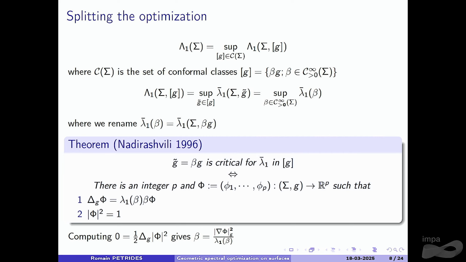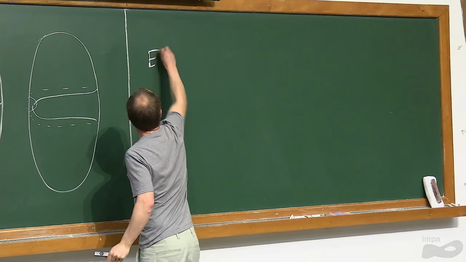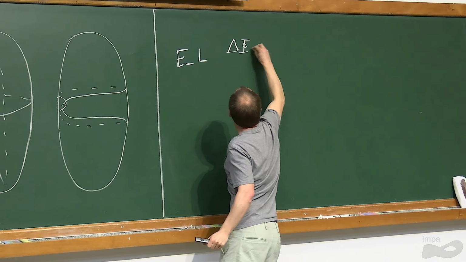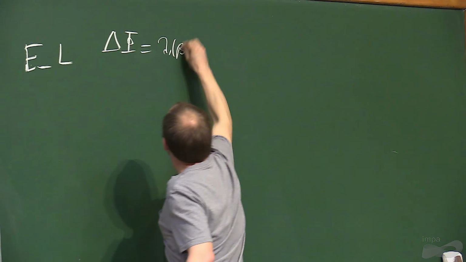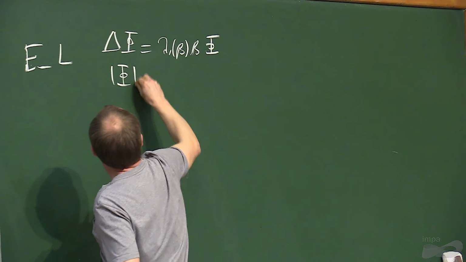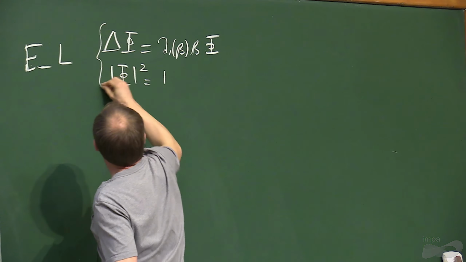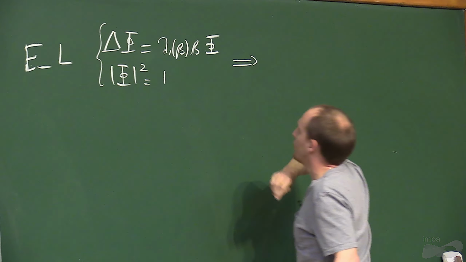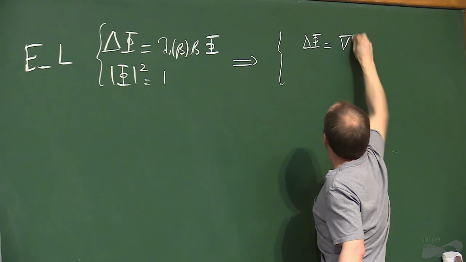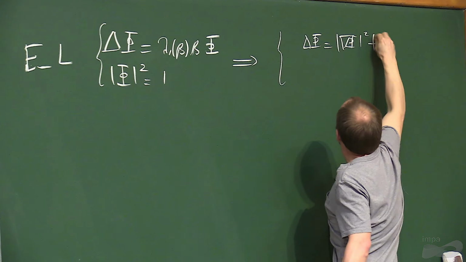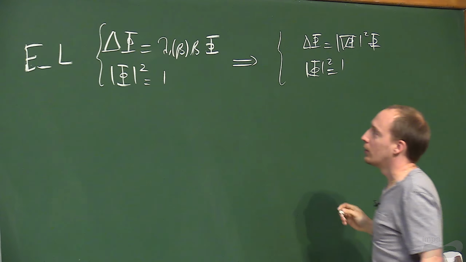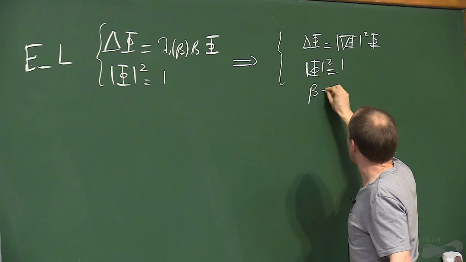This is what I will call the Euler-Lagrange condition. And it's a PDE, and I'm very happy with this PDE. This in fact implies that Laplace phi equals nabla phi squared phi, phi squared equals 1, and beta is written in terms of phi.